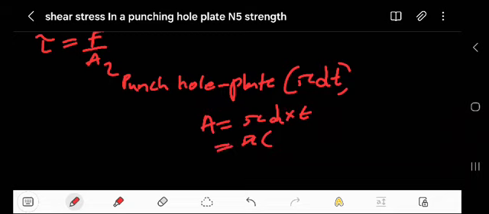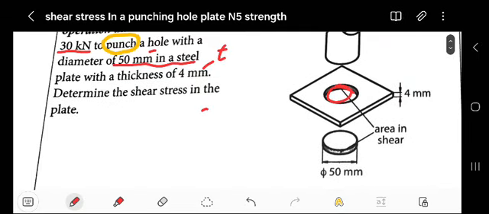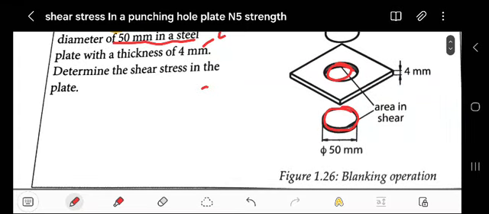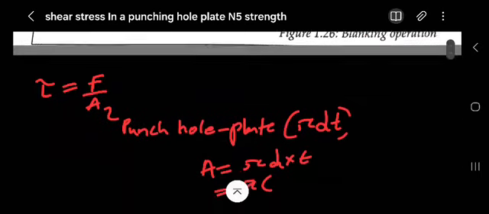What is the diameter that is being removed here? They've removed this size, 50 millimeter. You divide this 50 millimeter by 1000, and you get 0.05 meter. Also divide this 4 by 1000, that will be 0.004 meter. So that is the thickness.